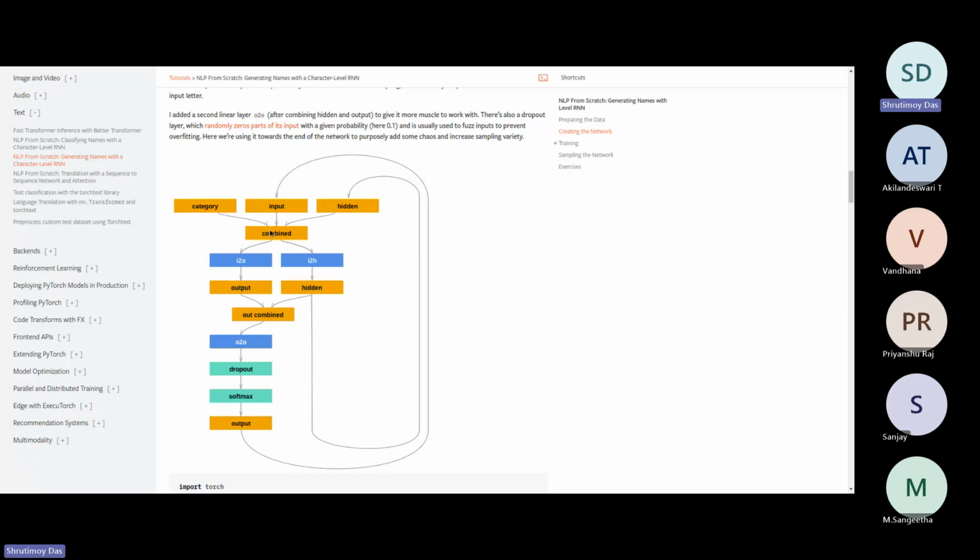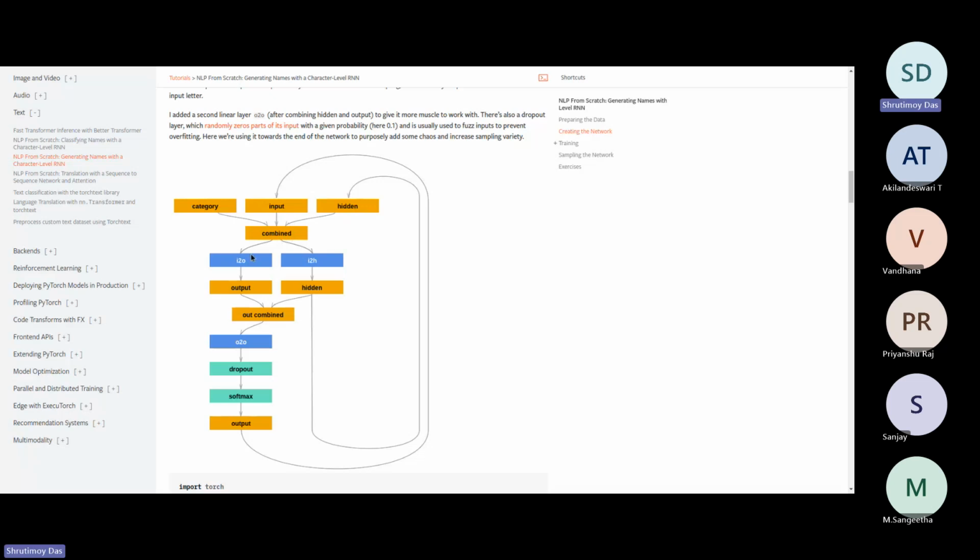When we do combine, if you remember, you are doing some U times XT, which is weight matrix times the input, and then W times ST minus 1, the previous layer. So this combined block does this combination.